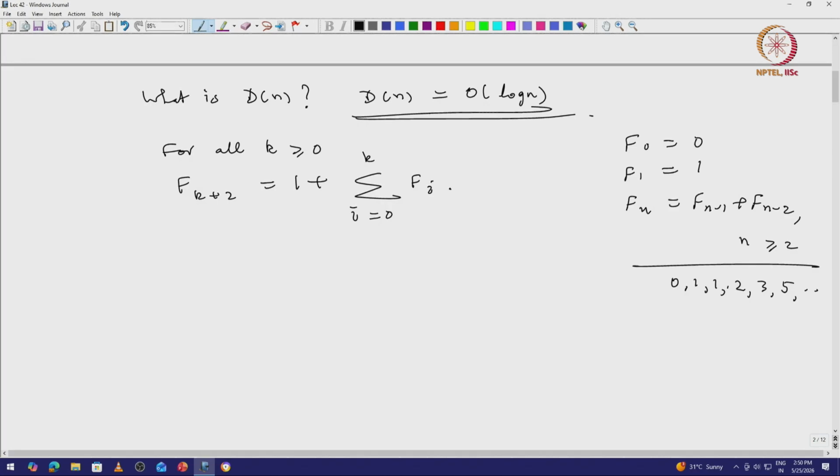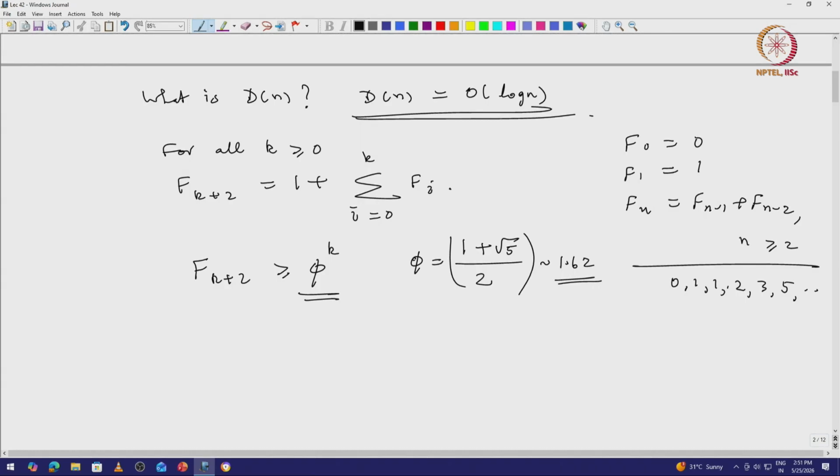Okay. So this is absolutely easy to prove by induction, a trivial proof by induction. And we can also prove by induction that F of k plus 2 is greater than or equal to phi to the power k. What is this phi? This is called the golden ratio, 1 plus square root of 5 by 2, which is roughly 1.62.